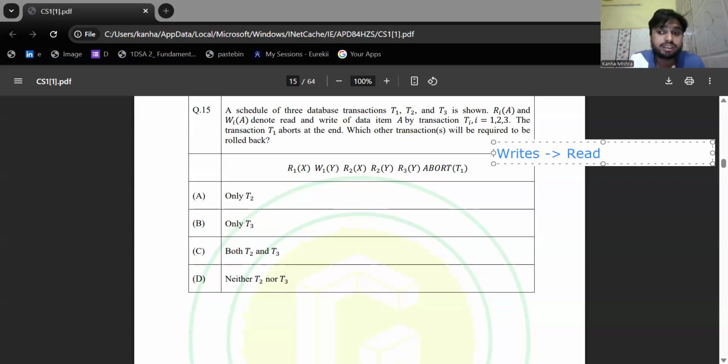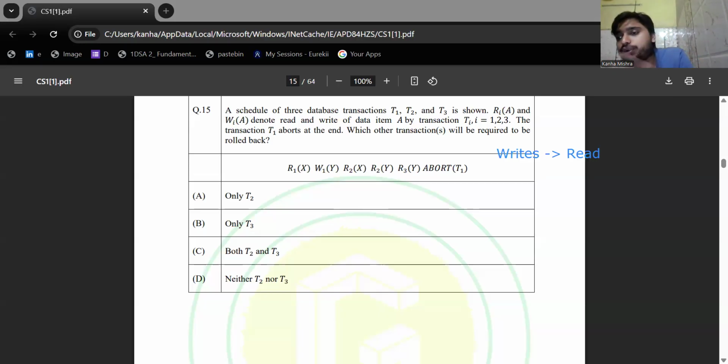This is one dependency. Another dependency that can arise is write to write as well. So one writes a value and another also writes.